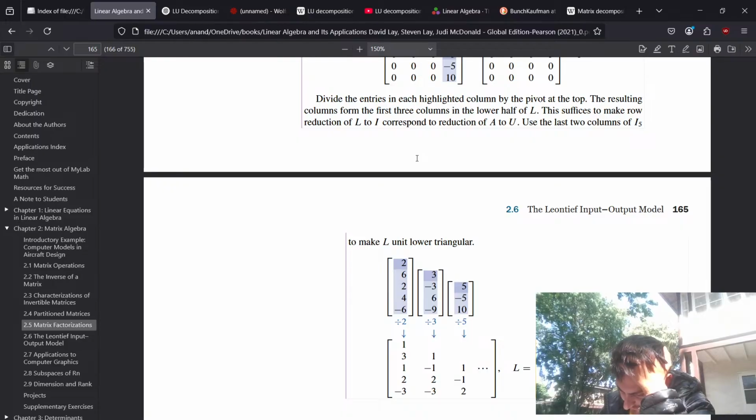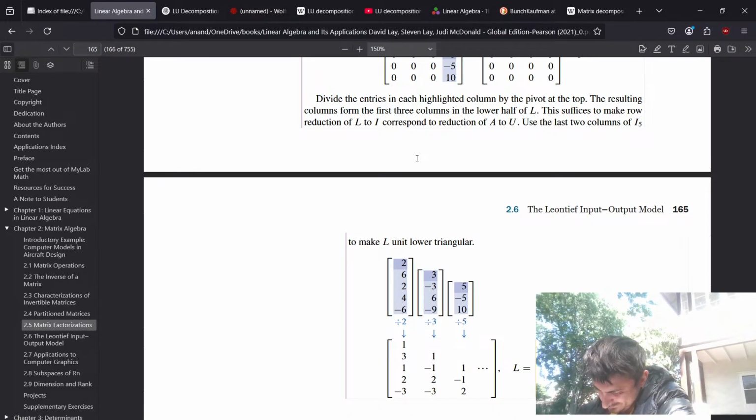All right, so our L is now 1, 1, 1, 1, 1. And then we have on the first column 1, 3, 1, 2, minus 3. Then on the second column, we're going to have a 1, a minus 1, 2, and minus 3.